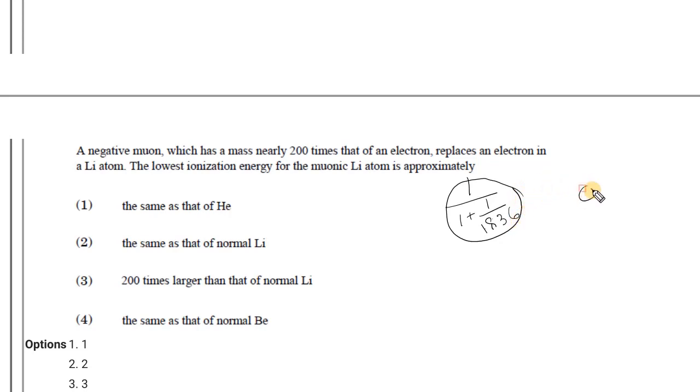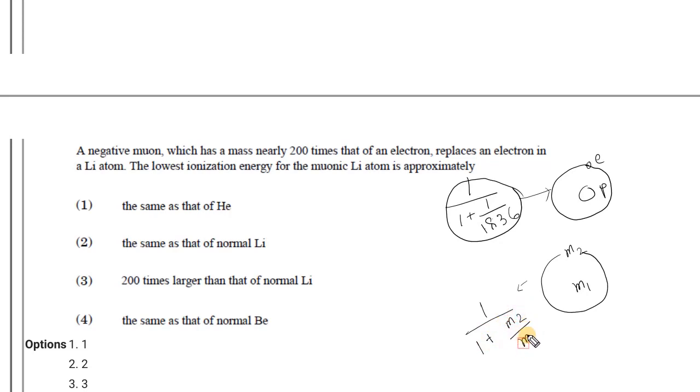If you had proton and electron, this factor was there, and if you have something say m1 here, m2 orbiting there, this is the effective mass concept. So here you need to work with this 1 plus m2 by m1. If your m2 and m1 are comparable, then you include this factor.